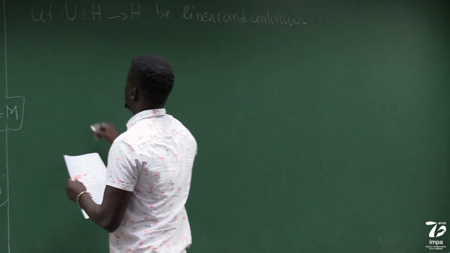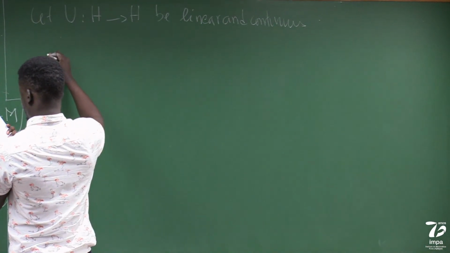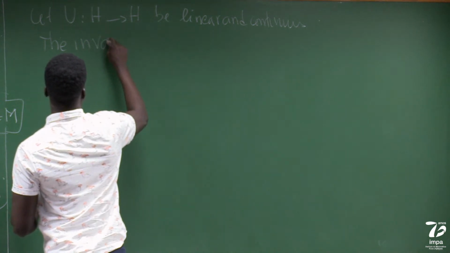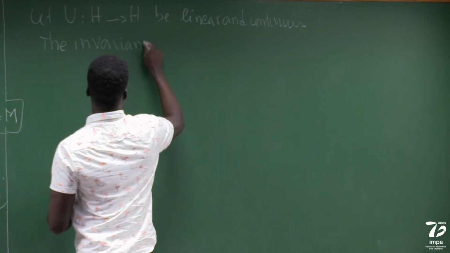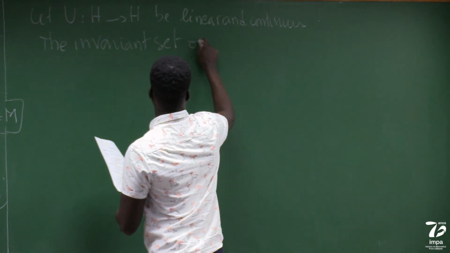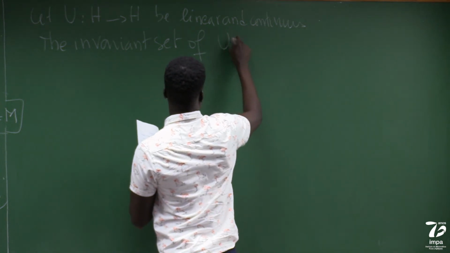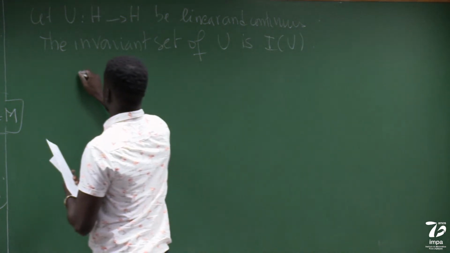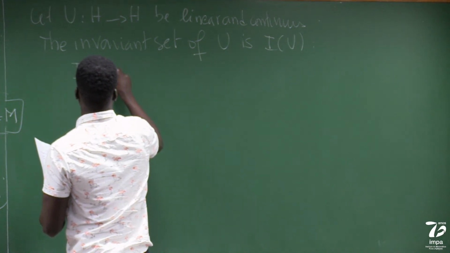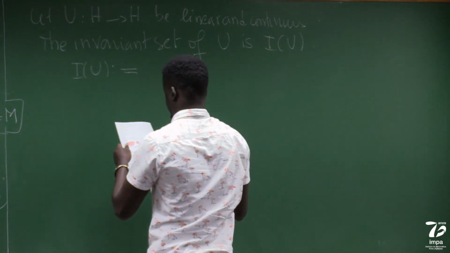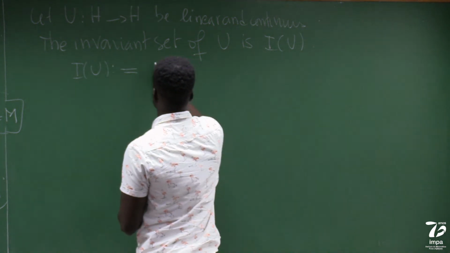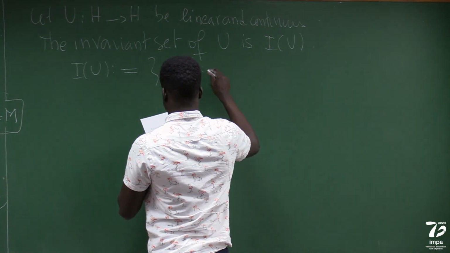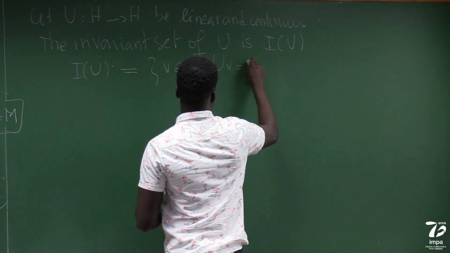We write the invariant set of U as I(U), the set of v in H such that U v equals v.